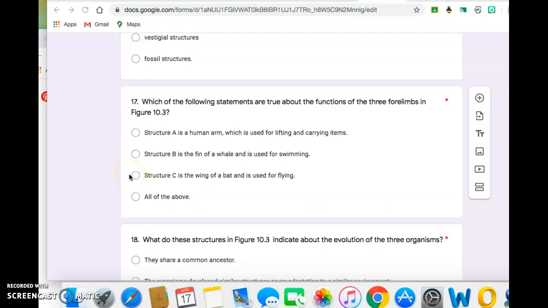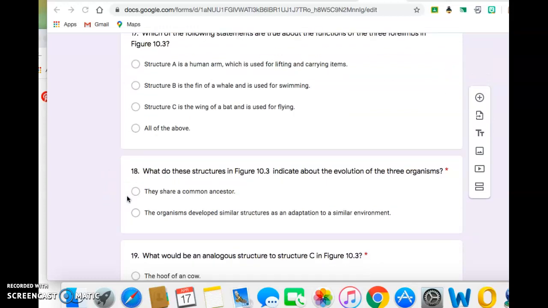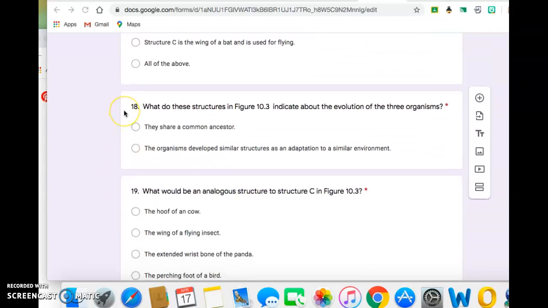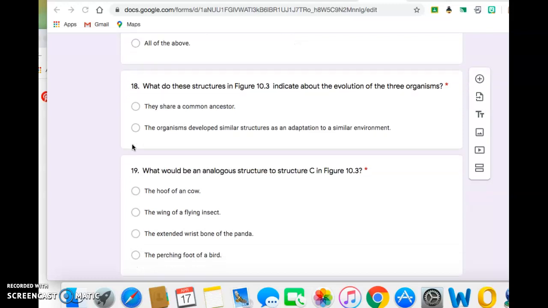Structure C is the wing of a bat and is used for flying, or all of the above. Number 18. What do these structures in Figure 10.3 indicate about the evolution of the three organisms? They share a common ancestor, or the organisms develop similar structures as an adaptation to a similar environment.